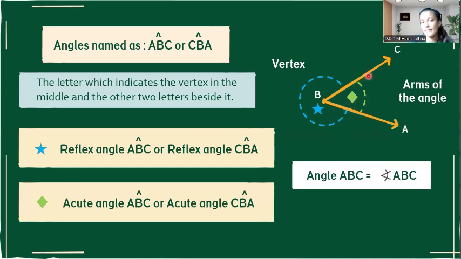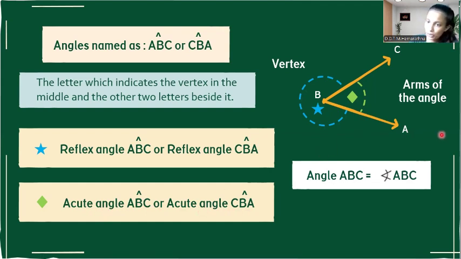By this, there are two angles. As I told you earlier, there is an acute angle and there is a reflex angle. We can name these angles. When we name this acute angle, we can name it as acute angle ABC or acute angle CBA.